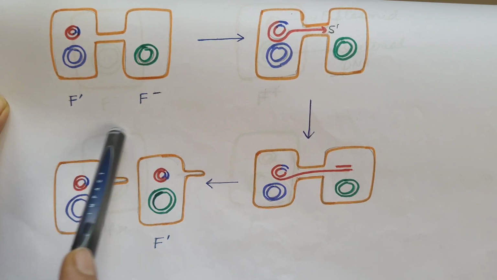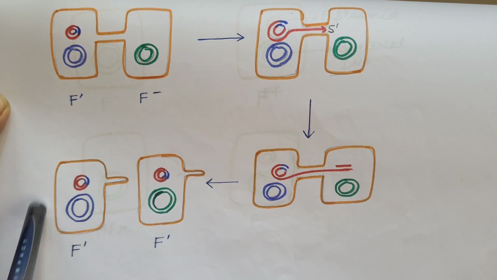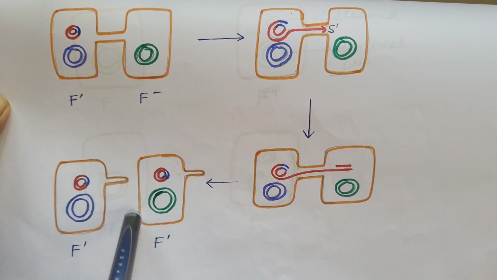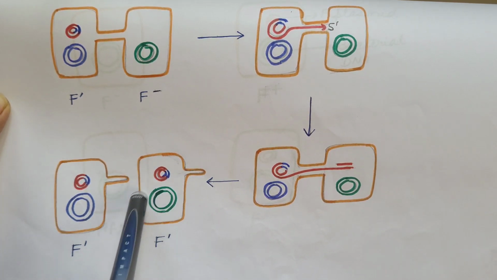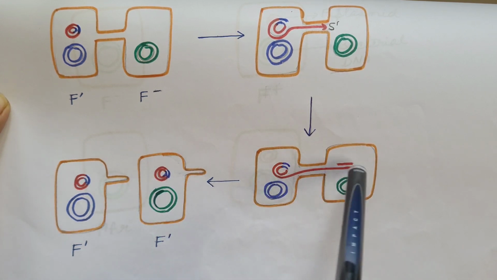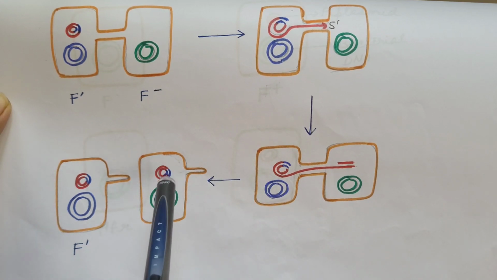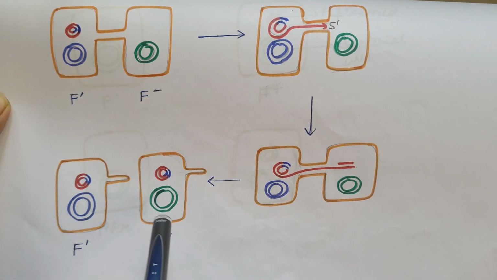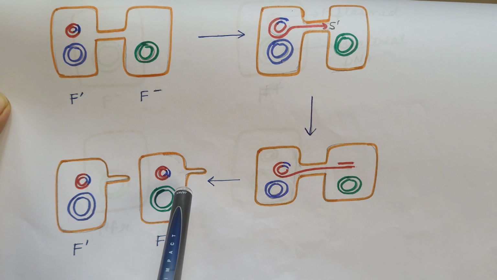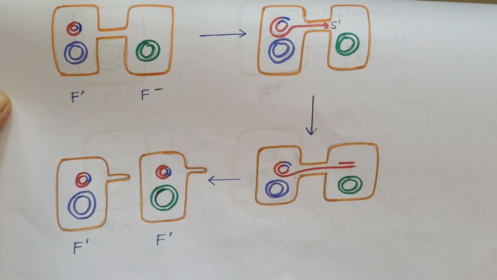As a result, what we get is the original F prime cell and also a new F prime cell. In this case, the entire F plasmid along with chromosomal genes is transferred from F prime to F minus cell. So there is a high frequency of formation of recombinants.